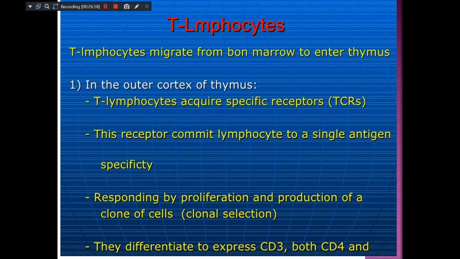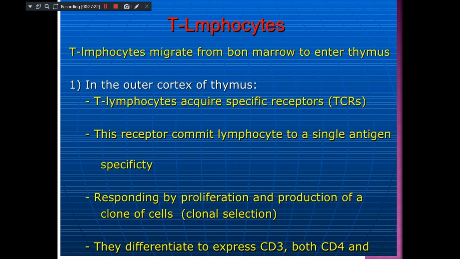For this, in the thymus, the T cells are trained and educated. These T lymphocytes acquire specific T cell receptors on their surface, and these make the lymphocyte have a single specificity. It can tackle a single pathogen or a single group of pathogens.